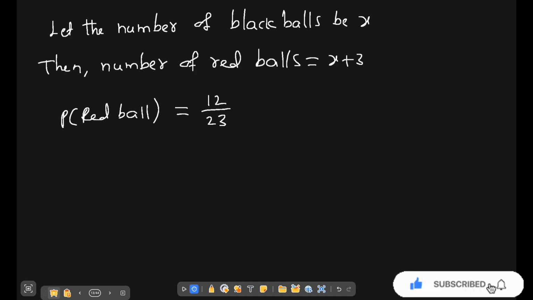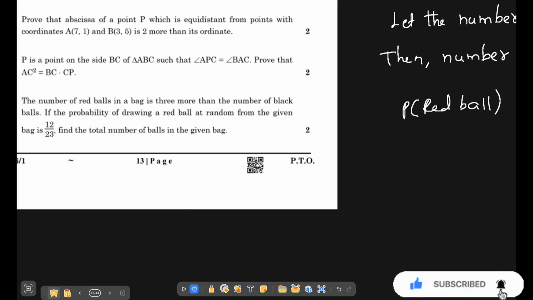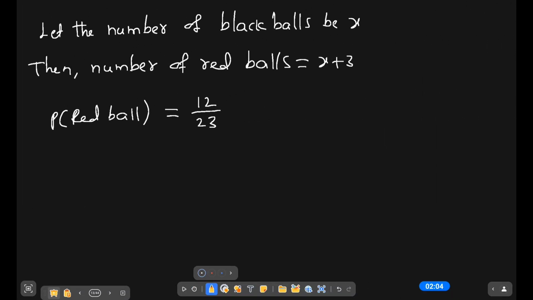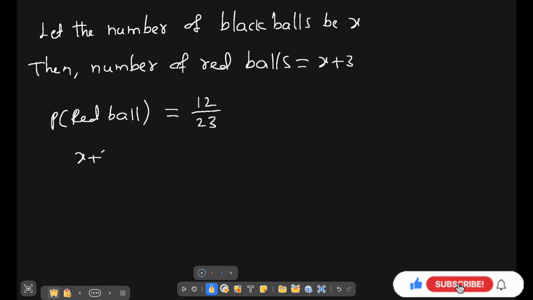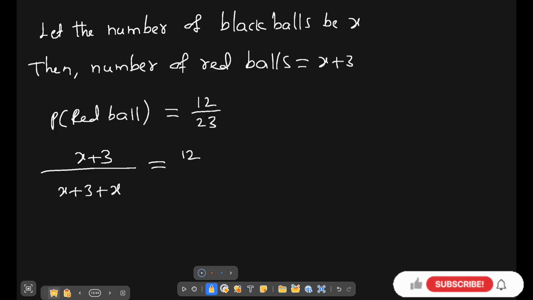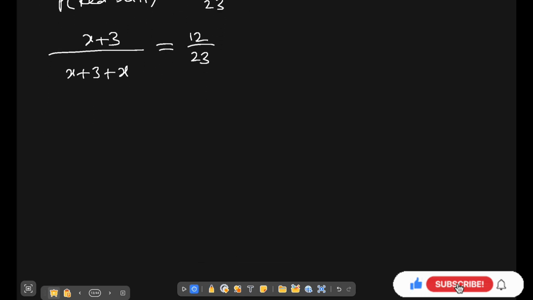Is it 12 by 23? Yes, 12 by 23. Now, how do we get the probability of red balls? Number of red balls by total balls. The number of red balls is x plus 3. Total balls are red balls plus black balls, so x plus 3 plus x. So x plus 3 by 2x plus 3 is equal to 12 by 23.